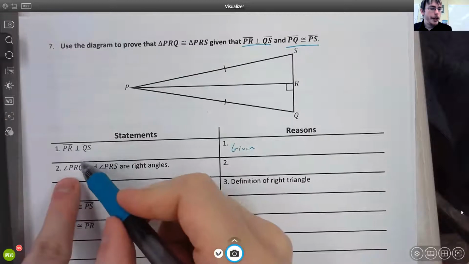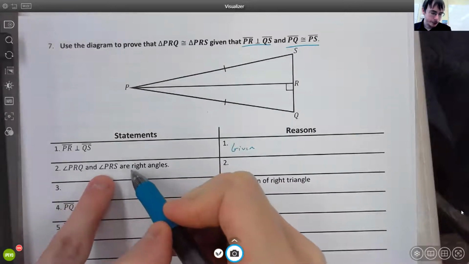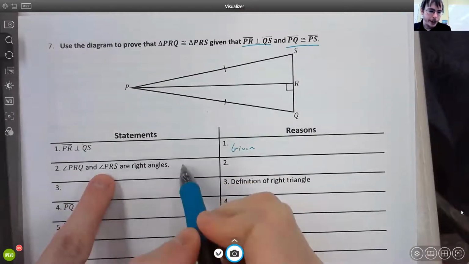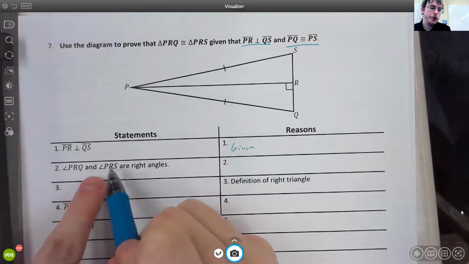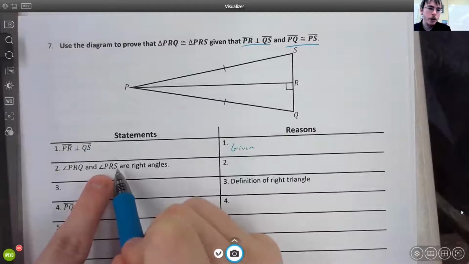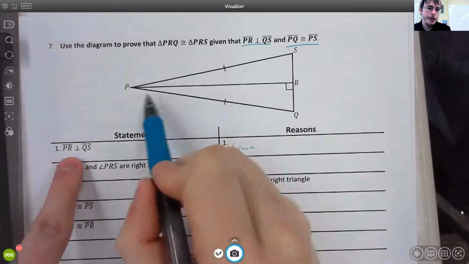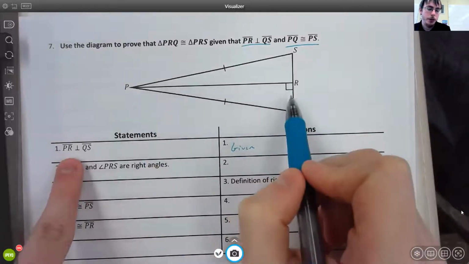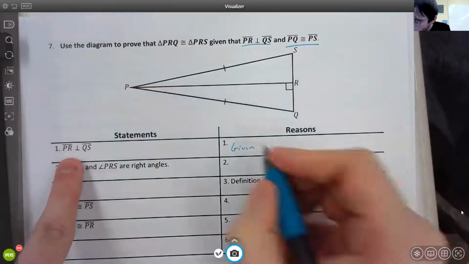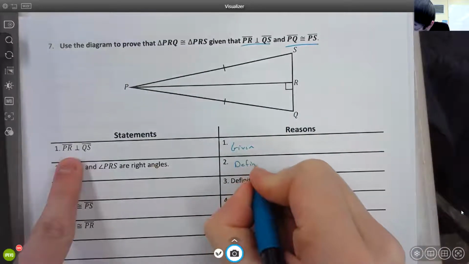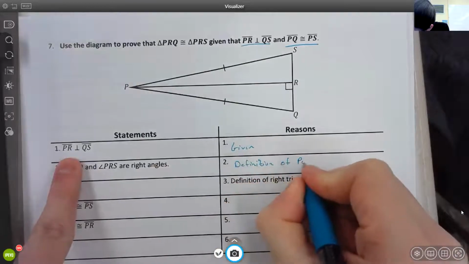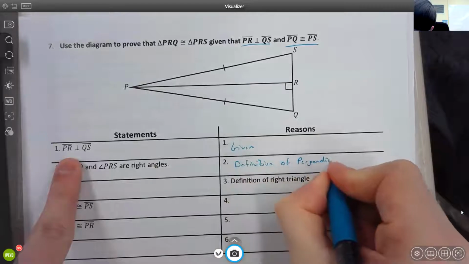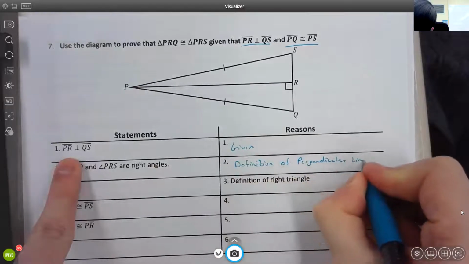Next, it says that angle PRQ and angle PRS are right angles. Well, the reason that angle PRQ and angle PRS are right angles is because PR is perpendicular to QS. So this would be the definition of perpendicular lines.